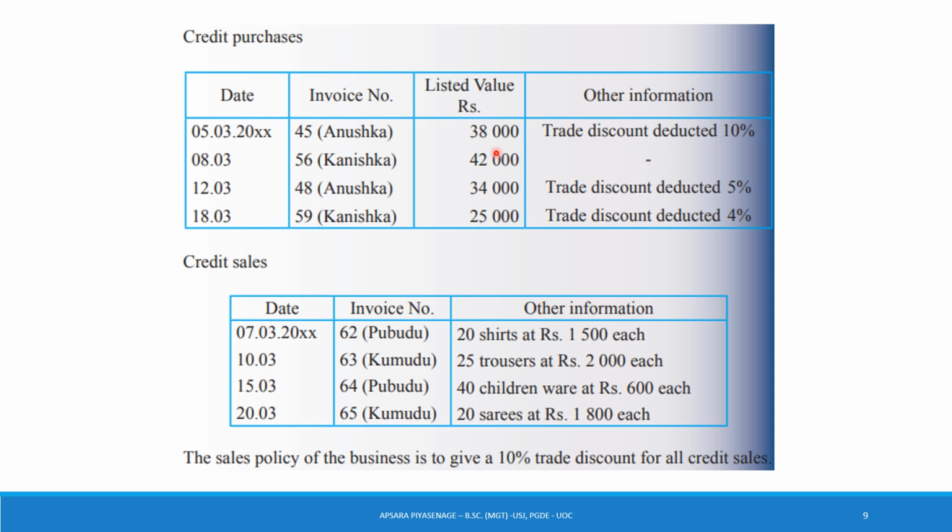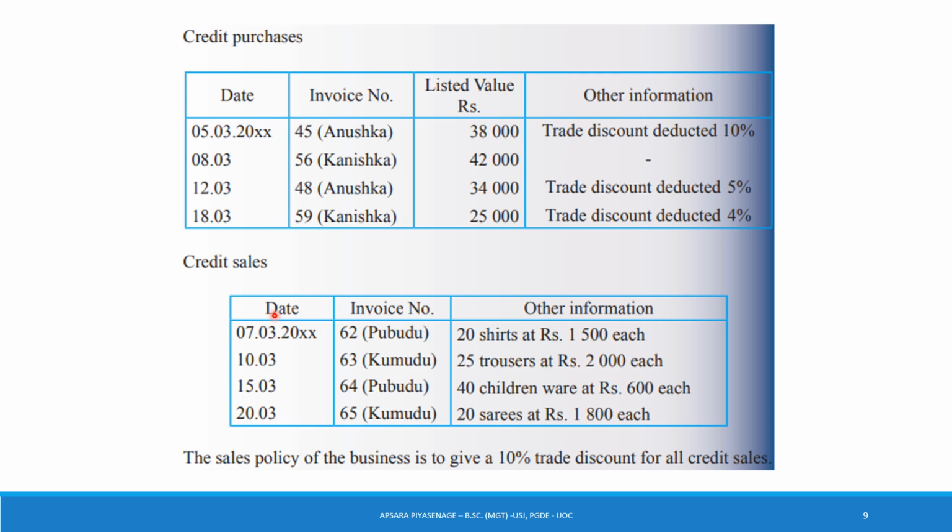That means when you are preparing accounts, we have to take the net purchase value, not the listed value. So if there's a trade discount, we have to deduct that and get the net purchase value. For example, for this 38,000, we have to deduct this 10% trade discount and get the net value.